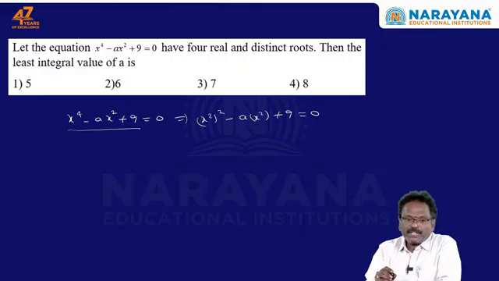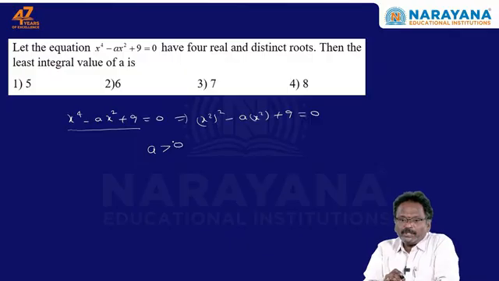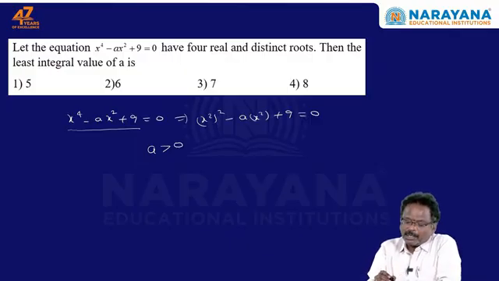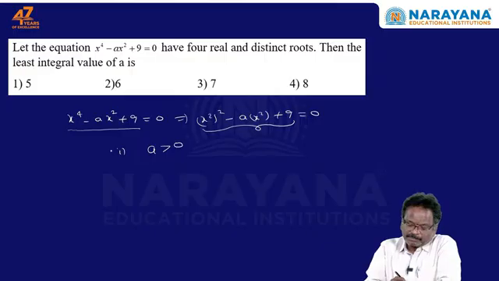The equation has 4 distinct real roots only if a value must be positive. Why do we take a as positive? If a is positive only, then the roots of the equation will be positive. So the first case is a greater than 0.